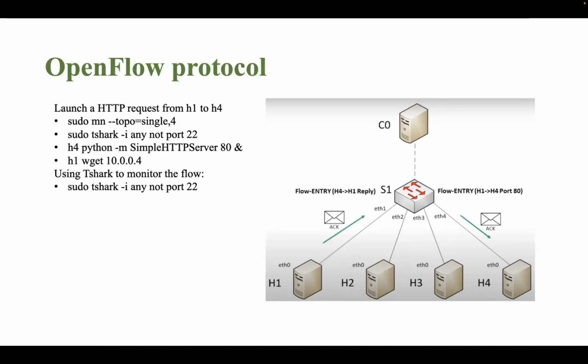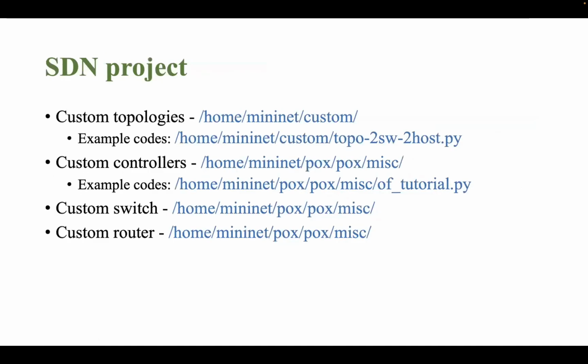And the future packets can be routed directly without sending to the controller. So the latency of the future packets will be lower than the first one. And the HTTP reply packets are also routed directly.